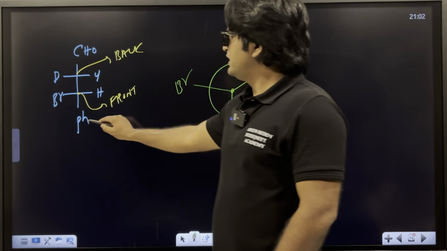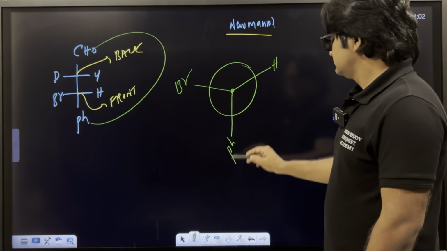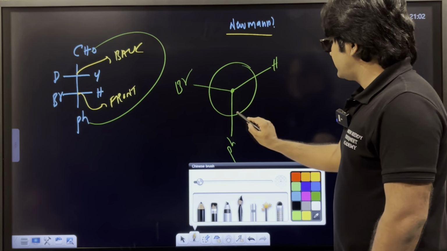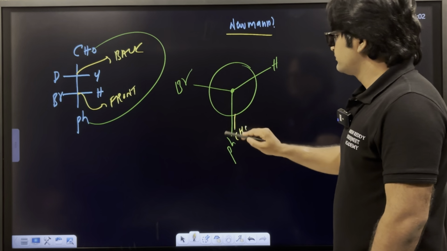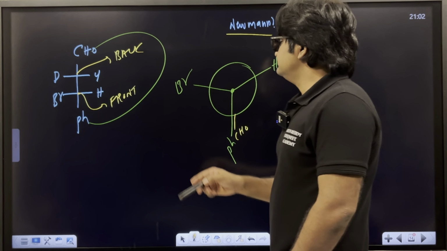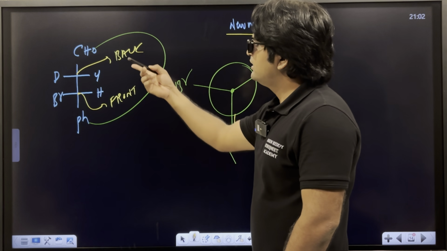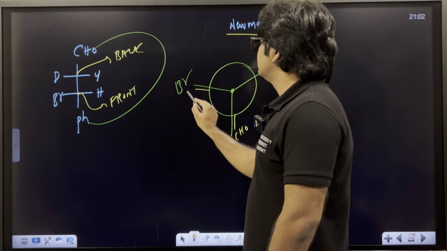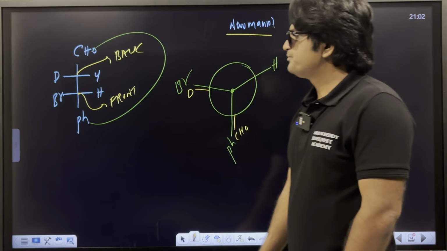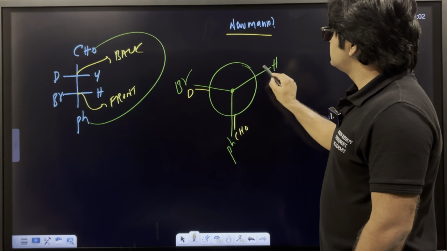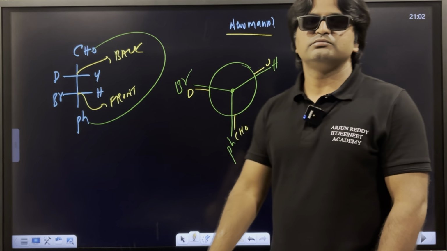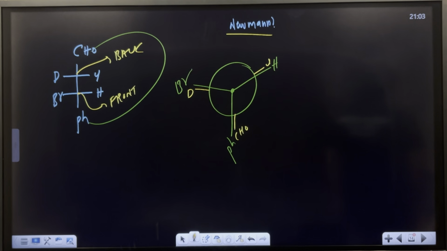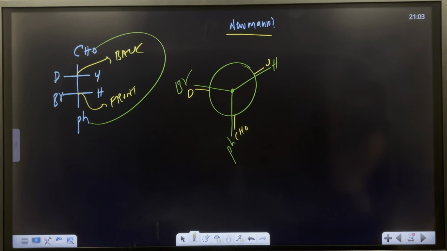And phenyl eclipsing with what? CHO. That's why here you write like this, CHO. Okay. Next one, front carbon atom bromine, back carbon atom deuterium. These two are eclipsing together. Next one, here hydrogen and chlorine eclipsing together. That is the way of converting Fisher to Newman.